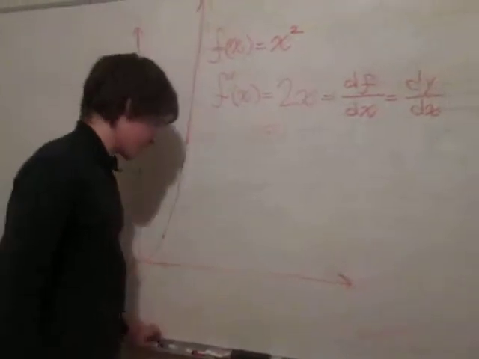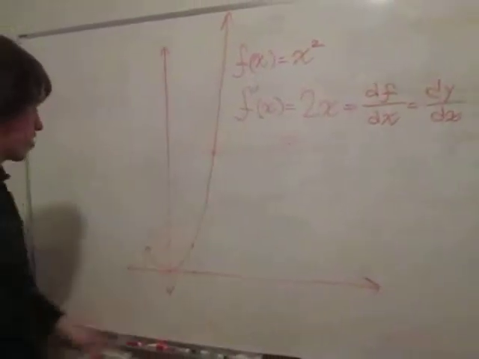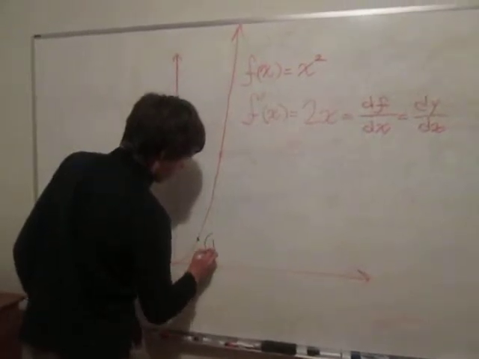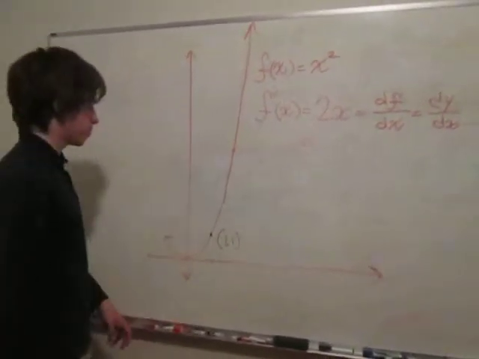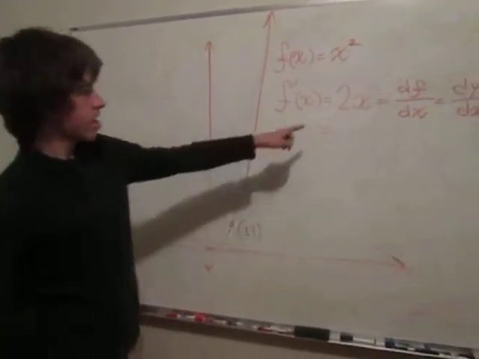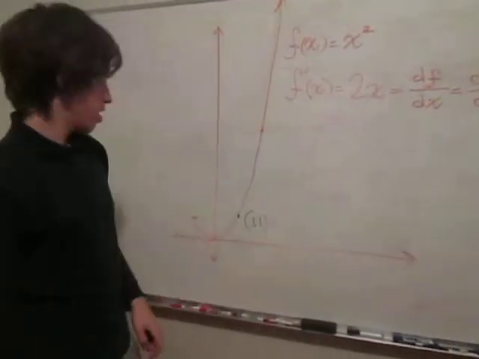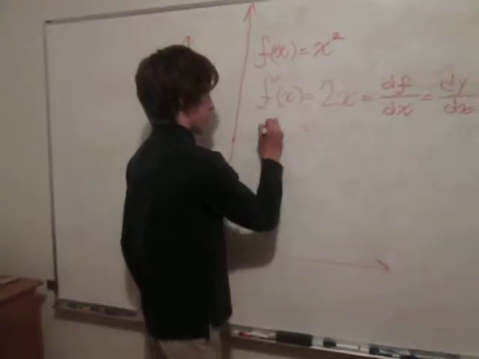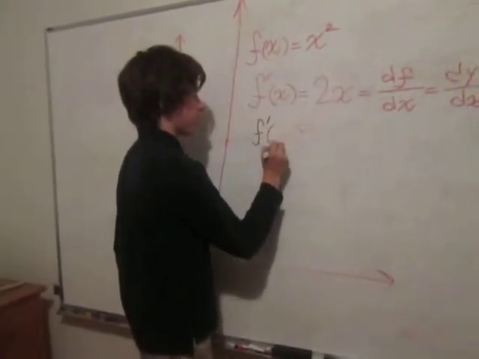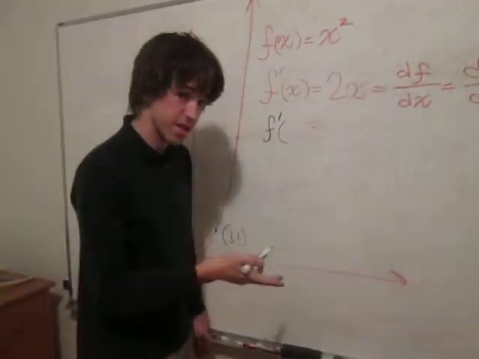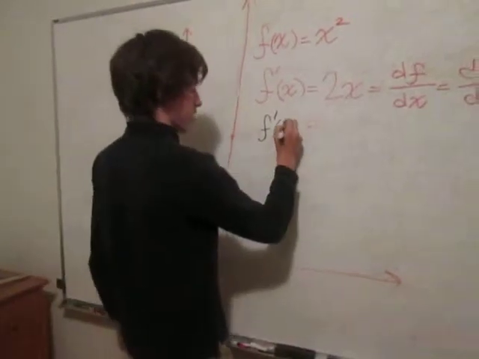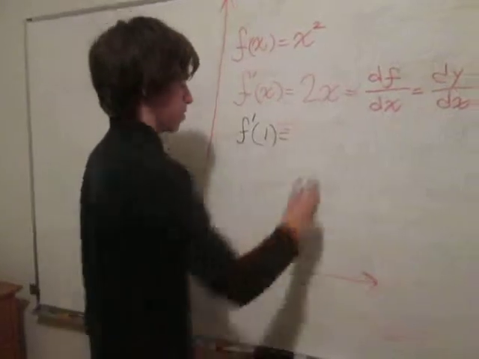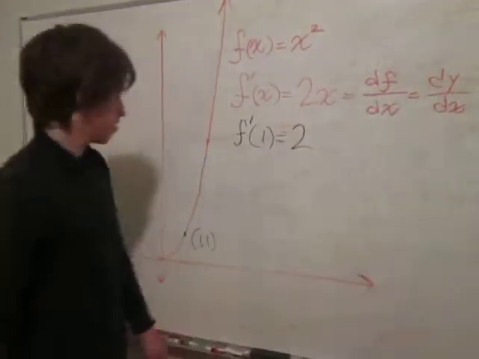So, that means if we choose some point along this graph, let's say point 1, we slide that into the equation, and we find our slope at that point, and we write it as f prime, just as if we were doing a function, which is what it is, of 1 is equal to, I'll plug it in, 2 times 1 is 2.